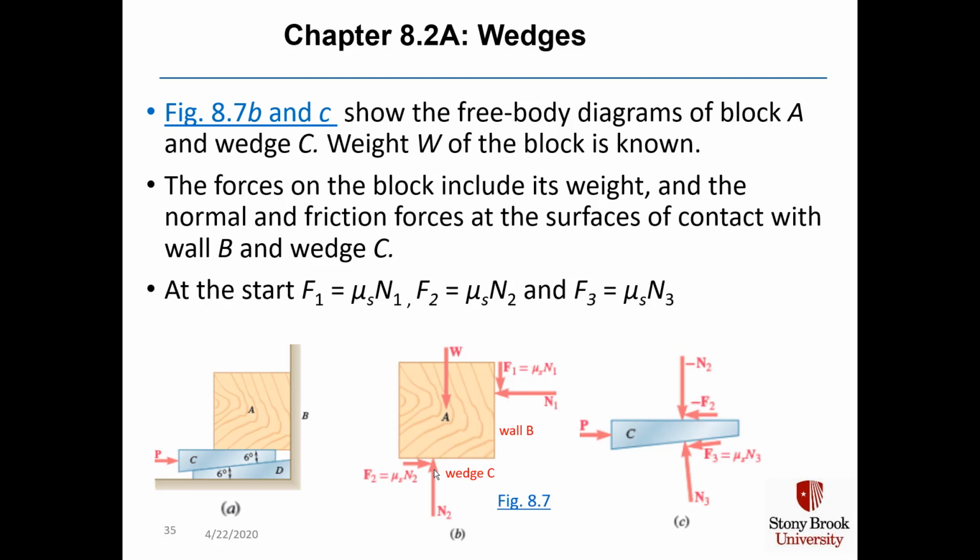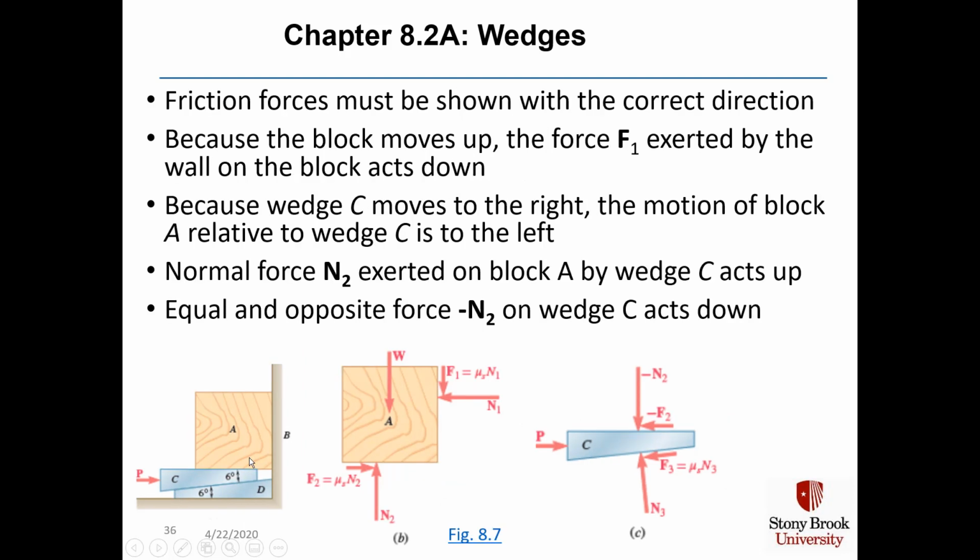And then we also have a force F3 equal to mu sub s times N3, where that force F3 is the frictional force between this bottom angled surface of wedge C and the top angled surface of wedge D, and that angle is 6 degrees. Friction forces must be shown with the correct direction.